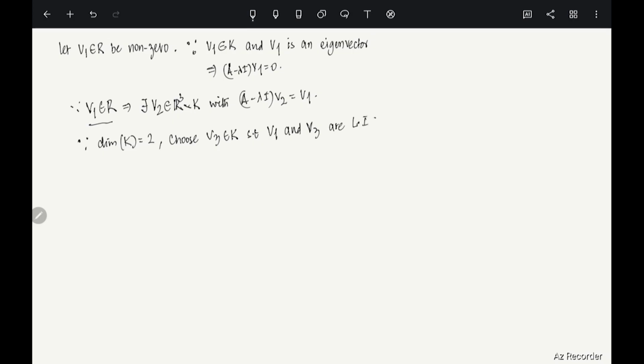Clear? V1 is in R, so V1 is in K also. Since the dimension is 2, I can find another element in K such that V1 and V3 are linearly independent. Now V3 is also an eigenvector.